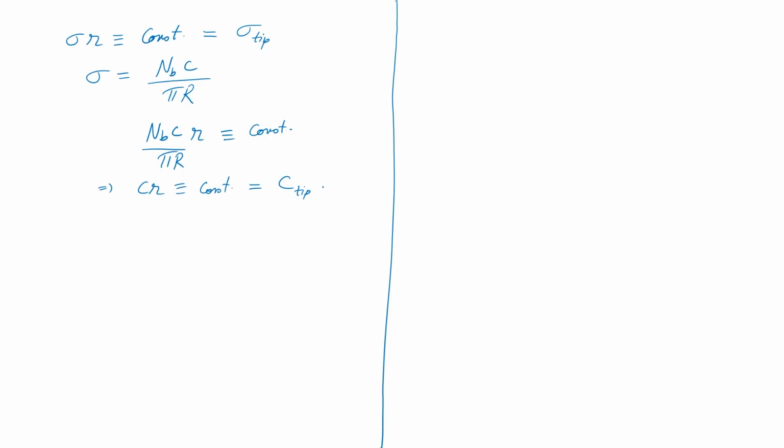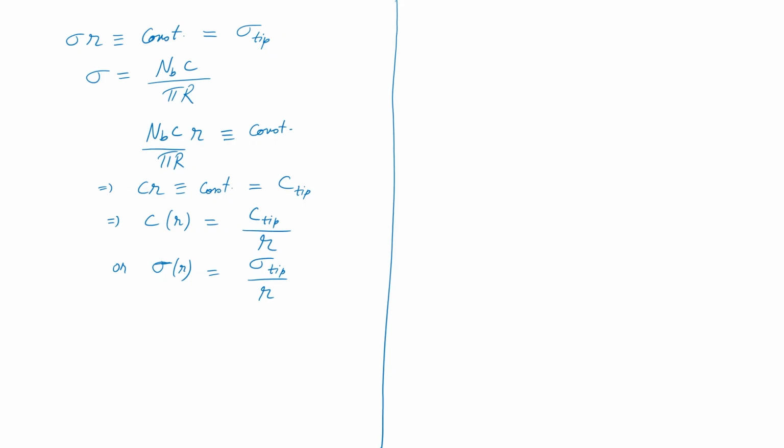Now I would want my C as a function of r to be C tip by small r. Or I can say sigma as a function of r is sigma tip by r.